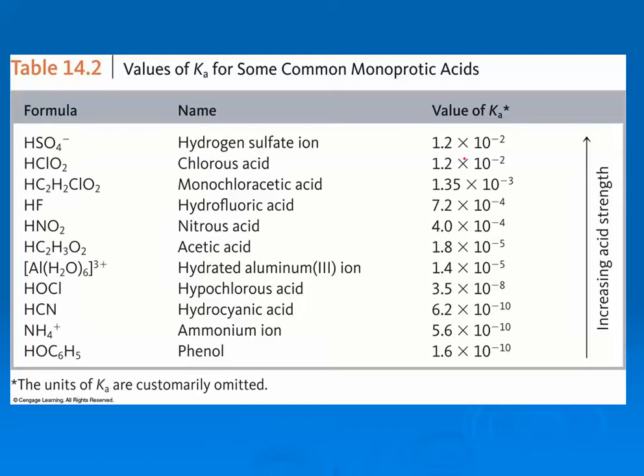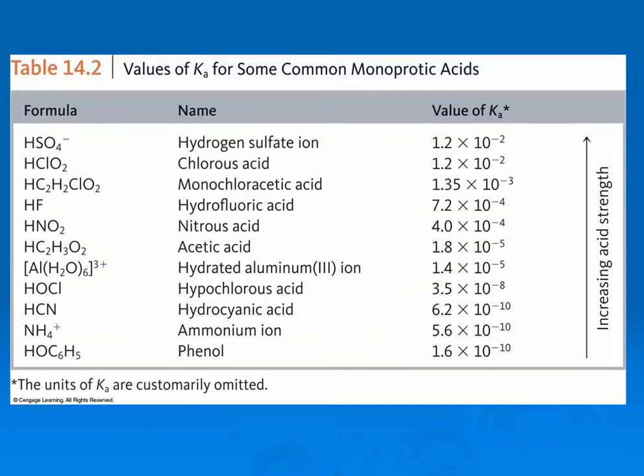Look at the K values: much more product for this one than these down here. So the equilibrium position lies more to the right at the top of the table, more to the left at the bottom. Notice the arrow here, increasing acid strength. At the top they're stronger acids, and as you go down, they get weaker. These are all relatively weak, especially compared to strong acids.